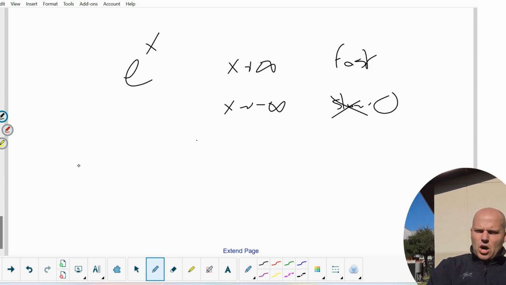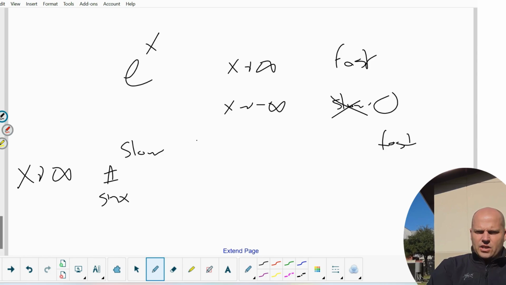Order things, remember logs are the slowest going function. So if we were talking about as x approaches infinity, slow to fast, we have no growths, which are just numbers. We have no growths, which are like sines and cosines. Those are no growth. Then we have x to powers. Square roots are slower than x squareds.